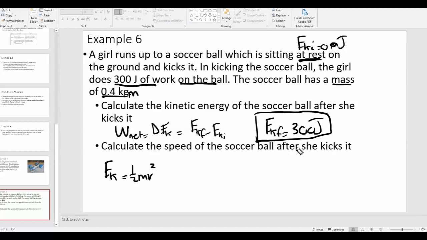So I'm looking for the speed, so that's v. After she kicks it is going to be v final because v initial was 0. And so I have 300 joules. Okay, so EK is 300. That's equal to 1/2 times 0.4 times VF squared. And I want to get VF by itself, so I need to simplify.